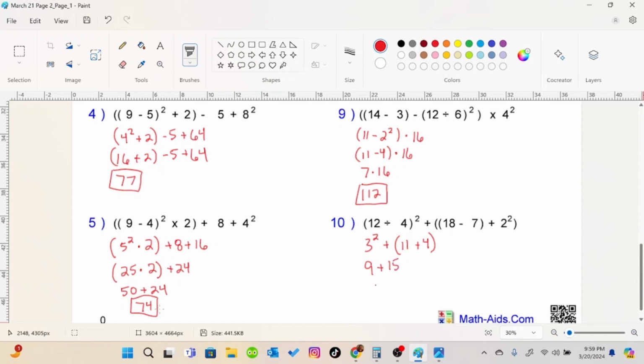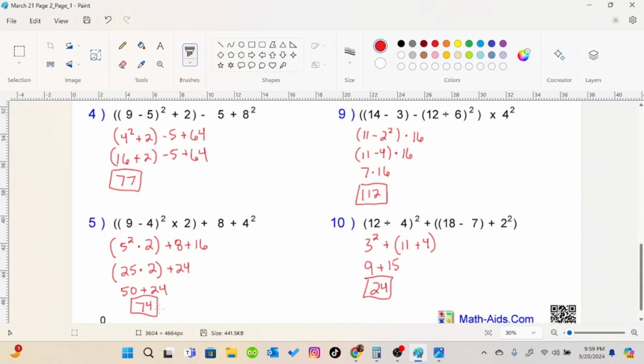And 9 plus 15 is 24. Final answer. If you have any questions about order of operations, please use class time to ask for further clarification.